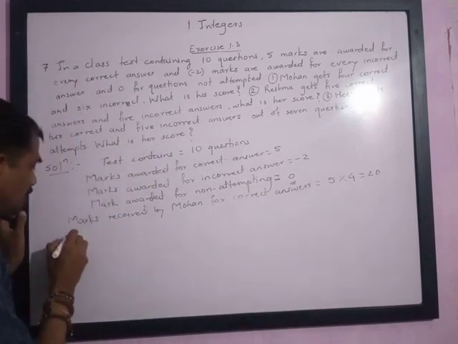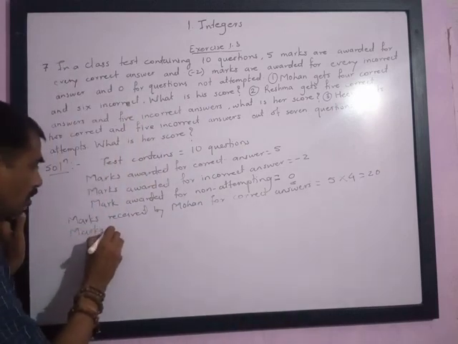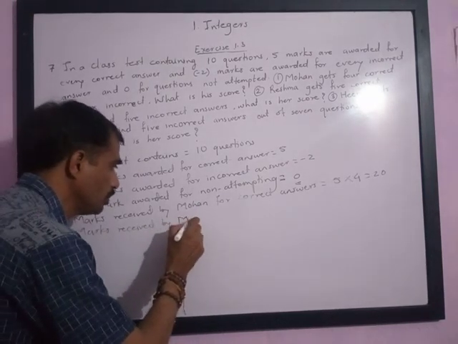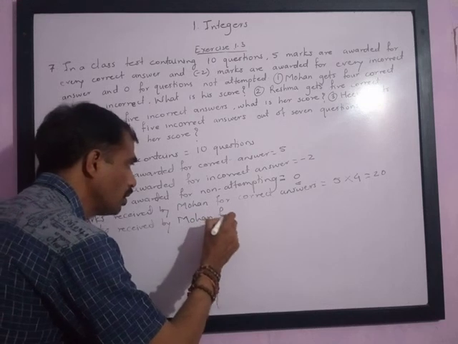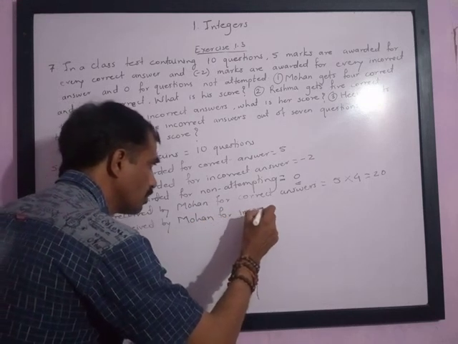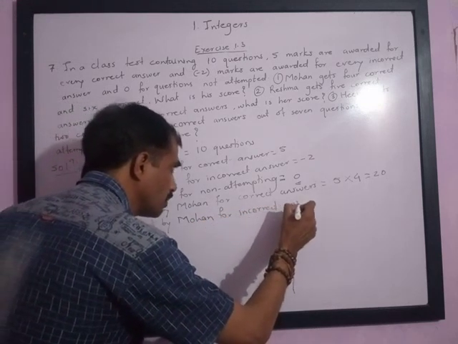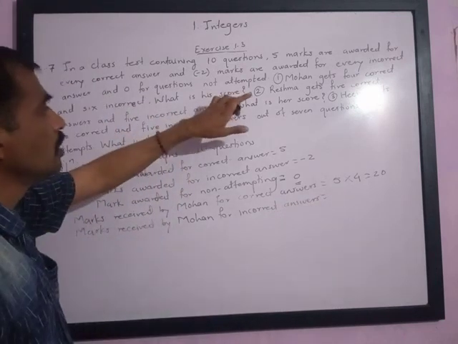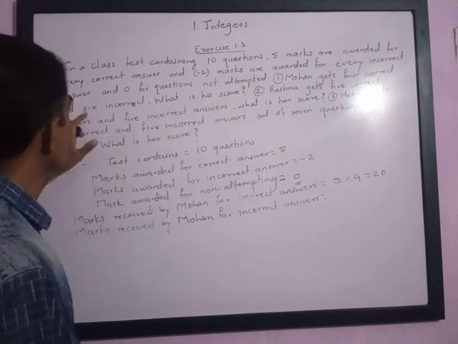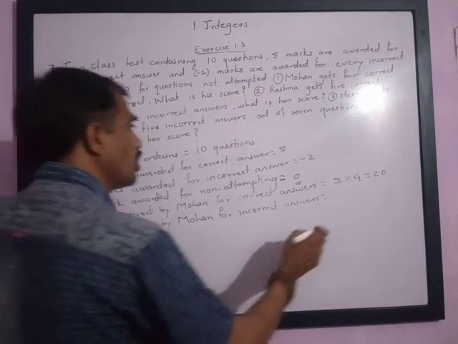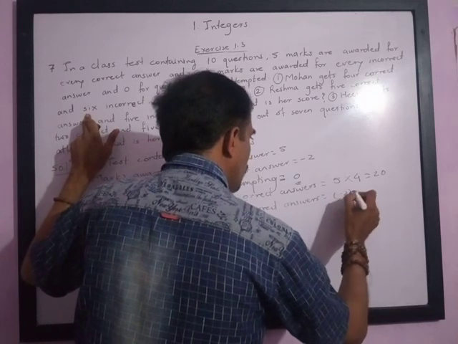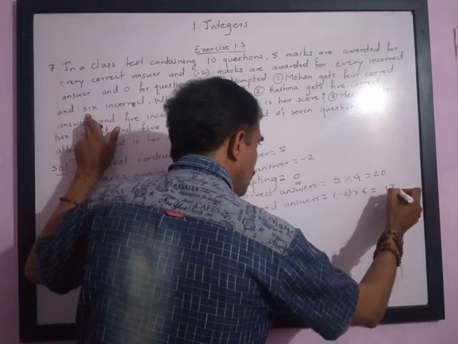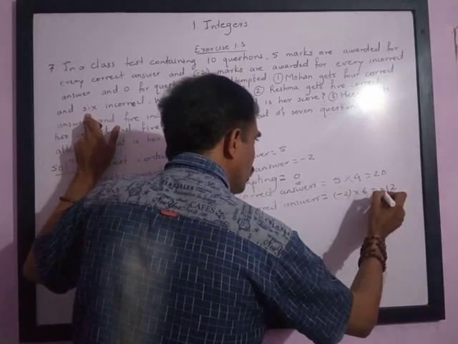Now marks received by Mohan for incorrect answers is equal to, his 6 were incorrect answers. So marks allotted were -2 multiplied by 6. So this is equal to 6 2s are 12 and negative will be negative.